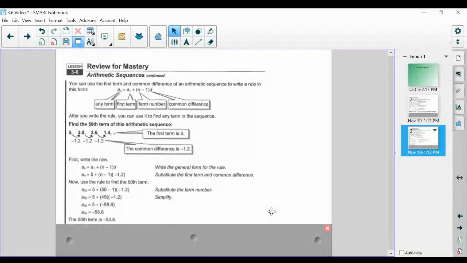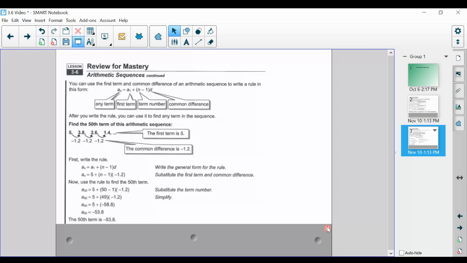But great job today with arithmetic sequences, which again, we're adding or subtracting by a common difference. We want to figure out what that common difference is. If it's increasing, we're adding, it's a positive difference. If we're decreasing and subtracting, it's a negative difference.